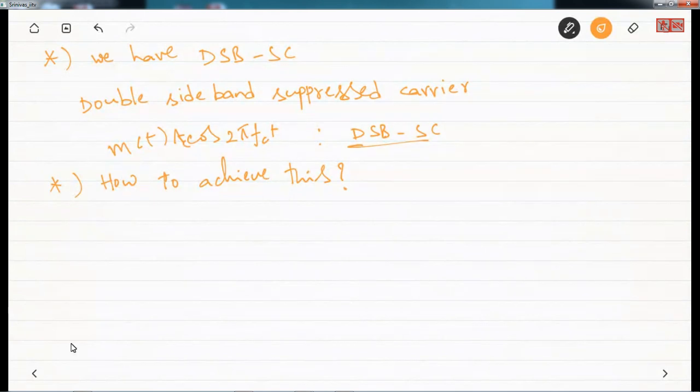So let's think about one modulator. There can be multiple ways of achieving this modulation through circuits. So let's examine just one amplitude modulator, which produces a double sideband suppressed carrier signal.